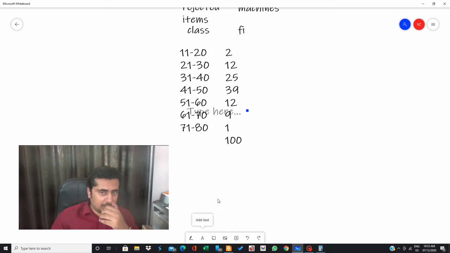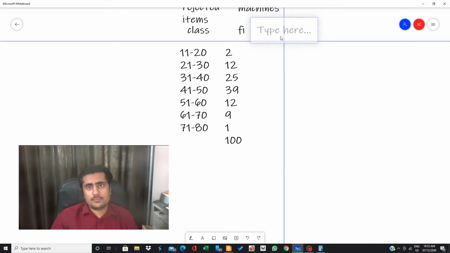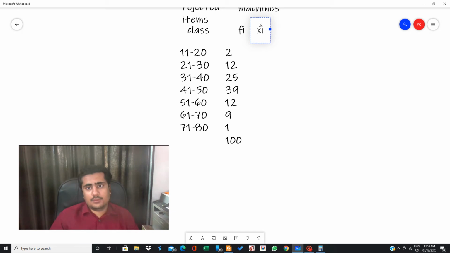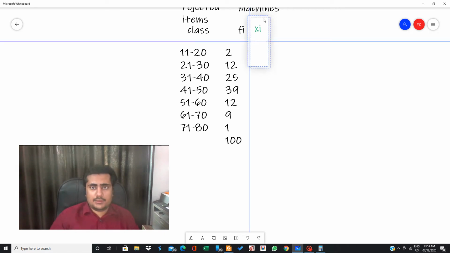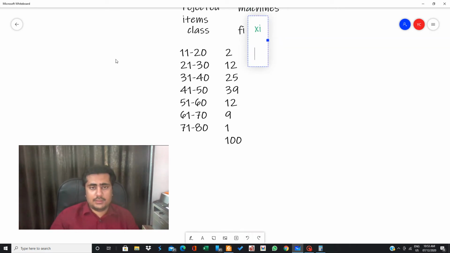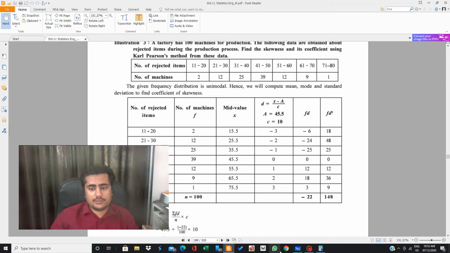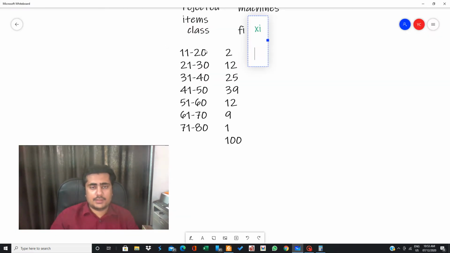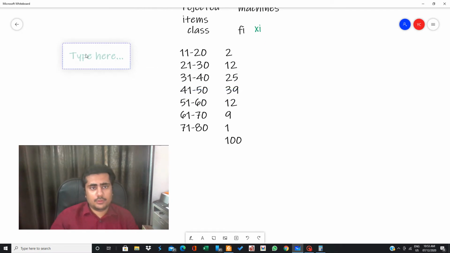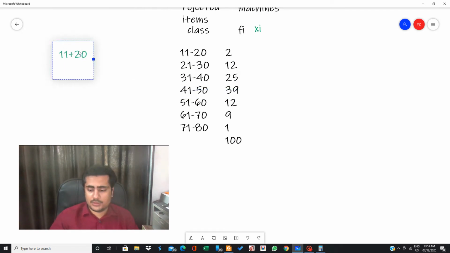The very first thing, we will be finding the mean. To find mean, we have to find xi. Now, how to find xi? See, when this kind of class is given, it's 11 to 20. The mid value you have to find should be like this: 11 plus 20 upon 2.